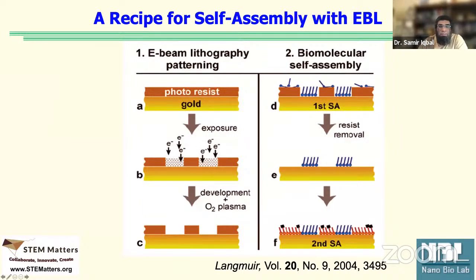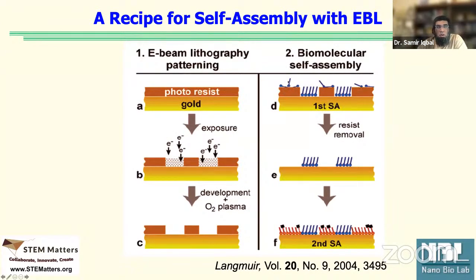On gold, we write a pattern with electrons, which means we do the development, we remove wherever the resist was, and we get a pattern. So we put it in some molecule which may have a thiol, sulfhydryl end group, which binds to gold. So you get those molecules everywhere, but guess what?